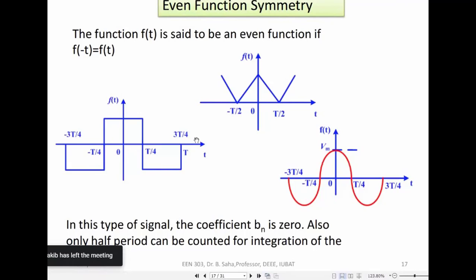Because in case of even function symmetry, the Bn coefficient is null. Null is N-U-L-L, null. So in case of even function symmetry, Bn coefficient is null.